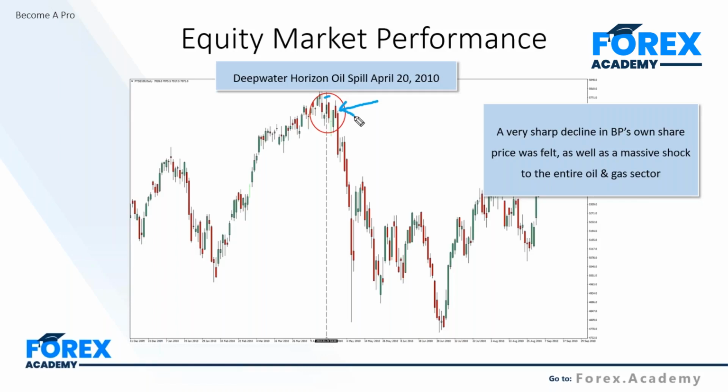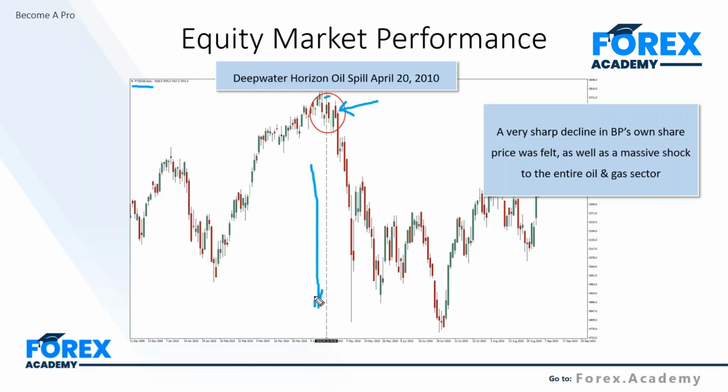And effectively, that's what we see, this is the FTSE 100, of course, a very strong move in the price, a sharp decline in BP's own share, which we just saw. This price move was felt as well as a massive shock to the entire oil and gas sector, and to the FTSE 100. We see a very sharp decline in oil pricing as well, albeit there may be other factors, of course, in pricing in this move, but of course it is causing a huge shock to the sector and to the FTSE 100 itself.